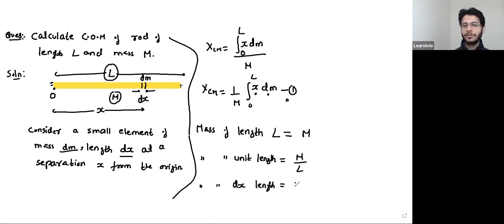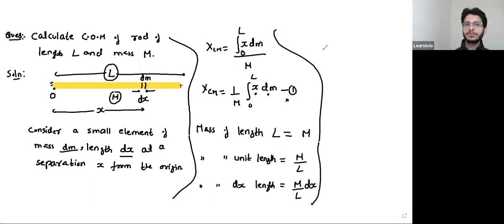How much is the mass of dx length? It's mass per unit length multiplied by dx. This is what we call dm. So dm is M by L dx. Is it clear, this dm and the relation between dm and dx? Yes, sir, it's clear. I'm just using the unitary method.